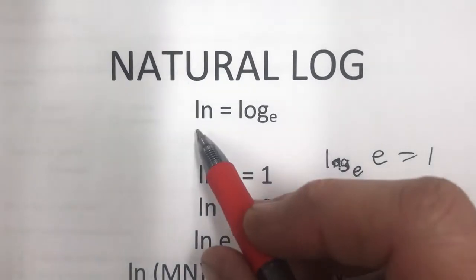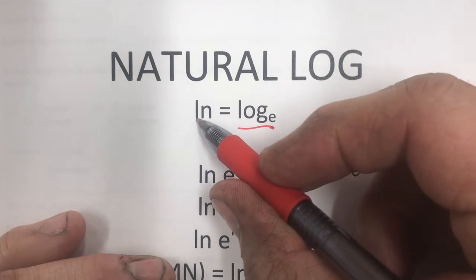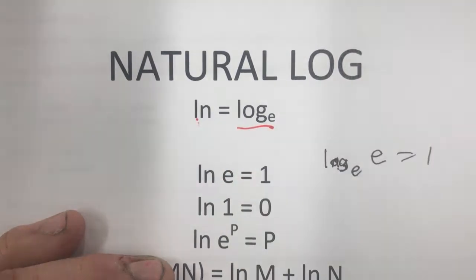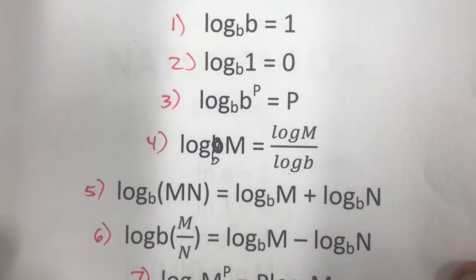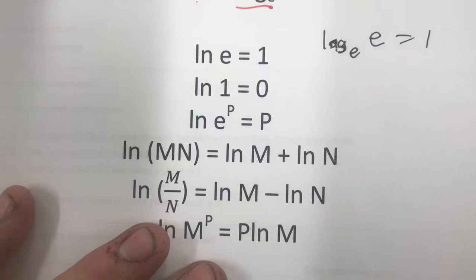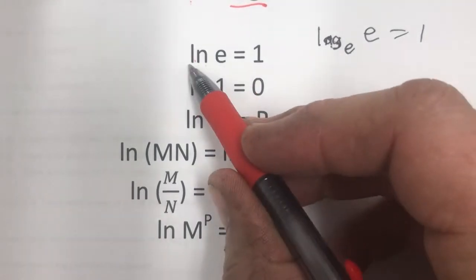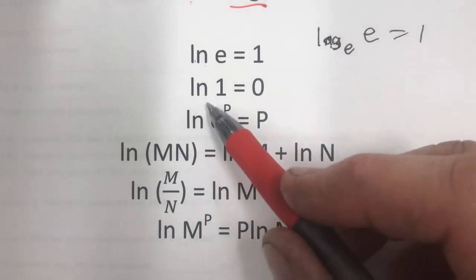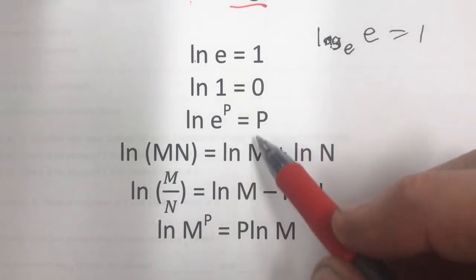The natural log, ln, is a log of base e. When you see ln, that just means log of base e. So just as we have these properties we showed you before for logs, we have the same ones. Log base e of e, natural log of e, is 1. Log base e of 1, any log base of 1, is 0.